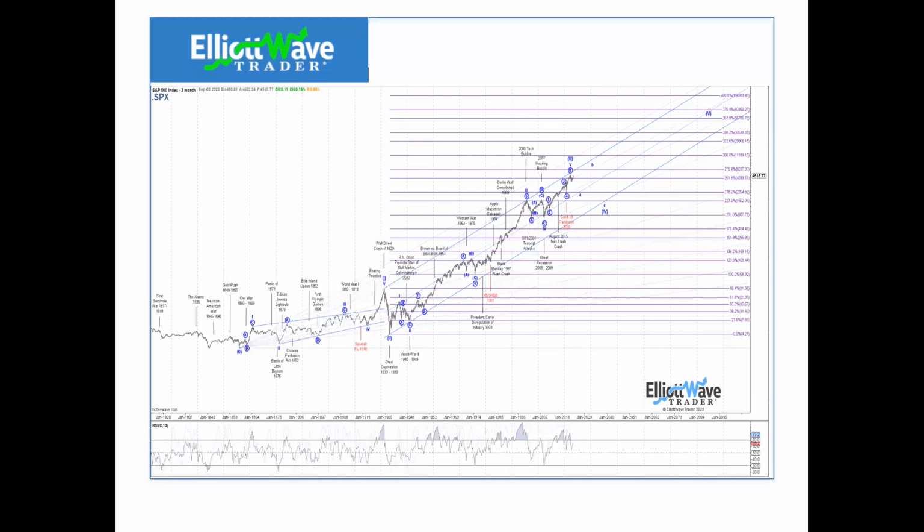That pullback into 1941 was when Elliott made his most remarkable market prognostication. Absolutely remarkable prognostication. Now, he expected that we would finish this wave by 2012. Okay, the wave's going on a little longer than he expected.